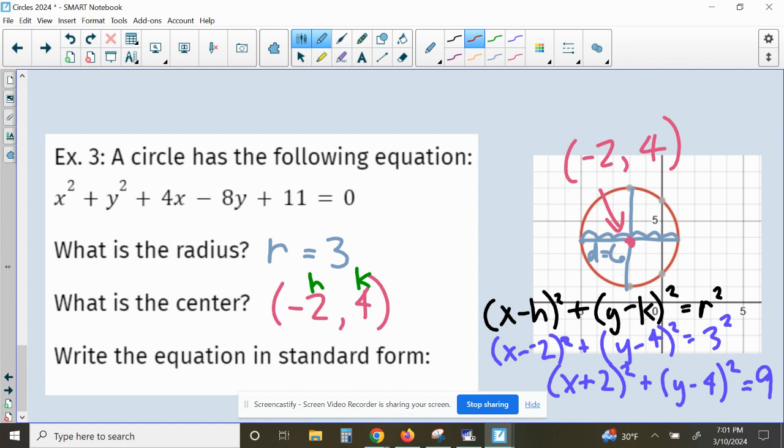An equation of a circle that's already in standard form, like x plus 3 squared plus y minus 1 squared equals 36. So if I give you this, you can actually find where the center is, because this is your h and your k. Now remember, they were minuses, so they're going to be opposites.